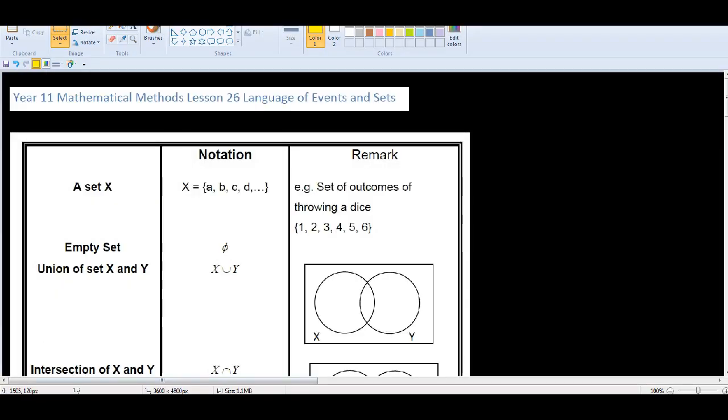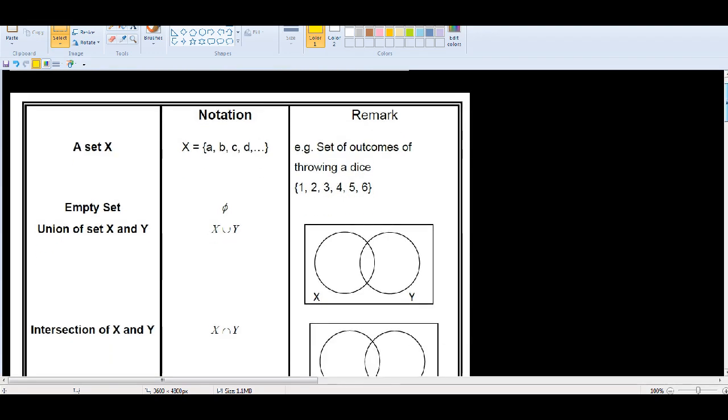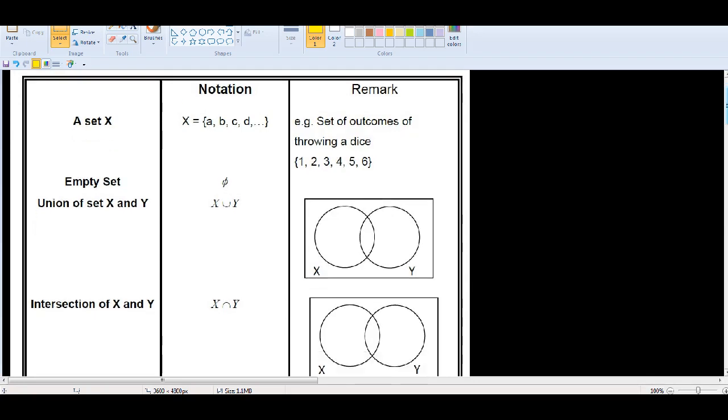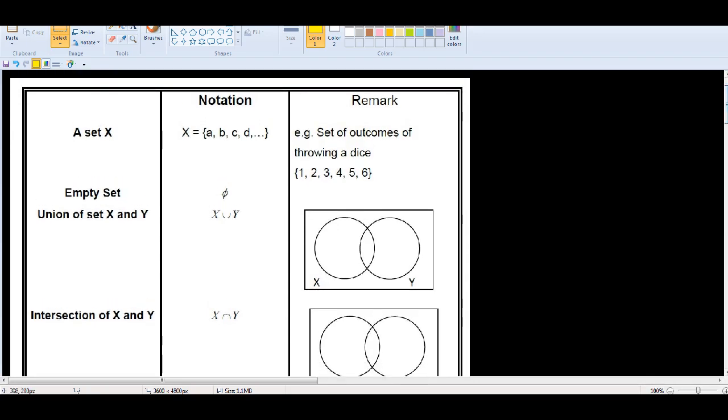First we need to introduce some set notations because we are going to use set notations to talk about probability. And so the first thing is about a set. Set means a collection of numbers, objects, anything, right? Normally for set notations, you need to write this kind of bracket.